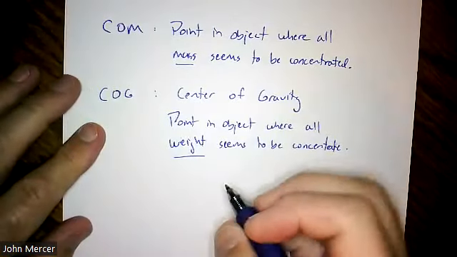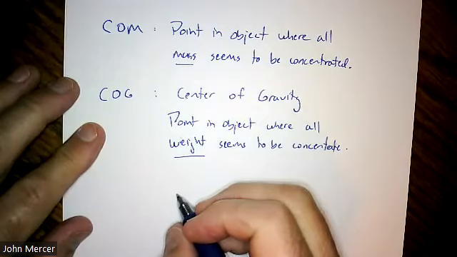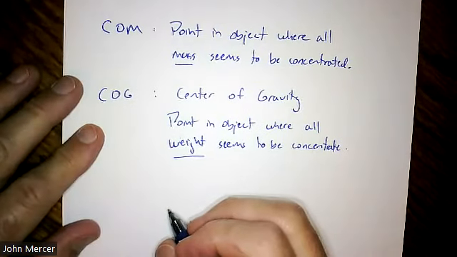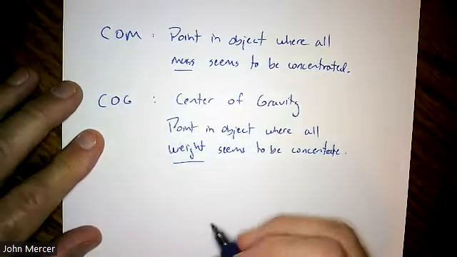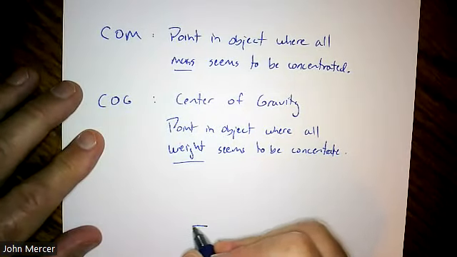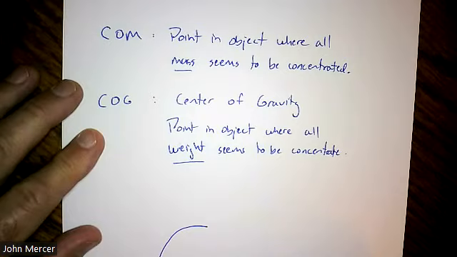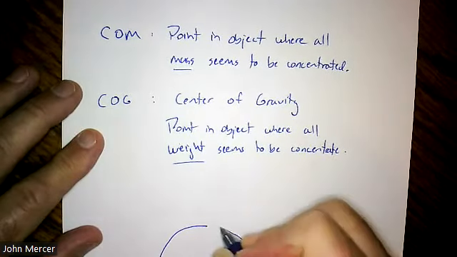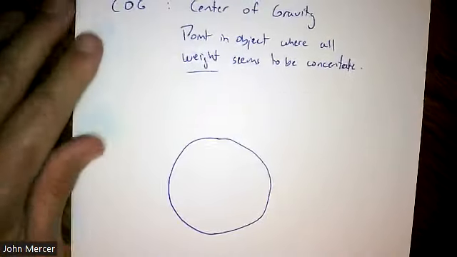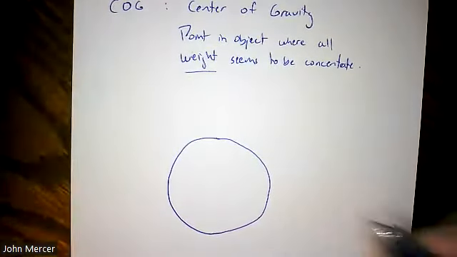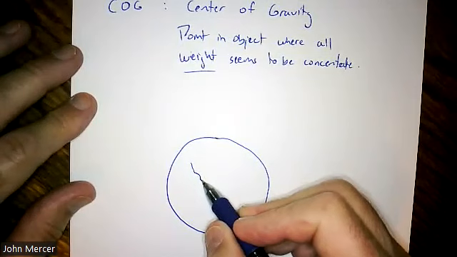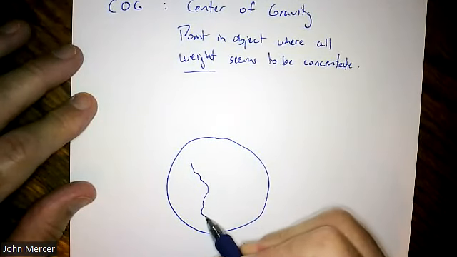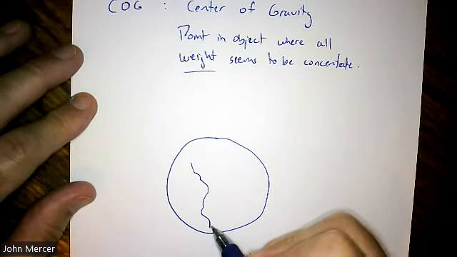As I said, these are important concepts to understand, and I'll emphasize that they mean the same thing by drawing a situation where it's probably the only situation I can come up with where these two points are different. All right, so I've got an object here, and maybe you can start guessing what the object is as I start drawing it out, which I'm terrible at.